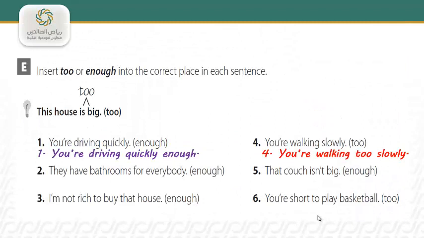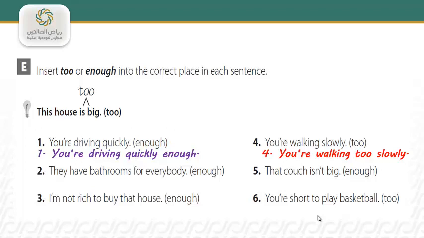Exercise E. Insert too or enough into the correct place in each sentence. This house is big. Where should I put too? Too should precede the adjective big. So, the house is too big. You're driving quickly enough.